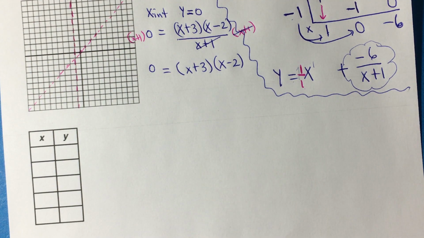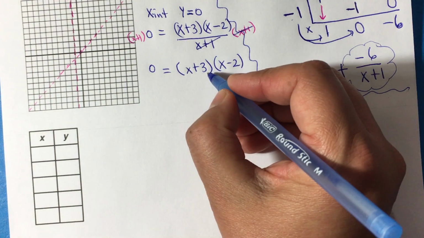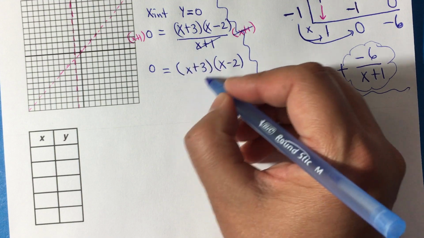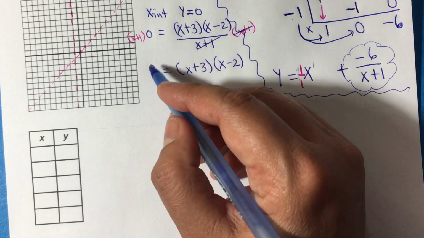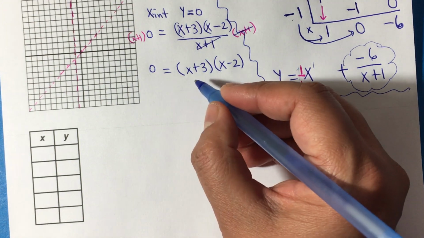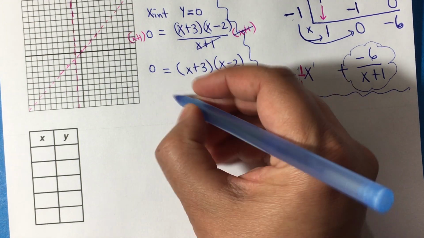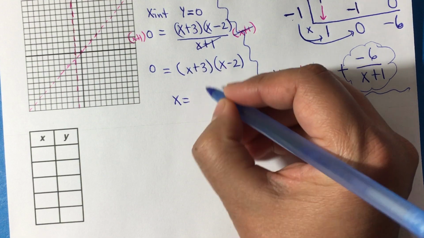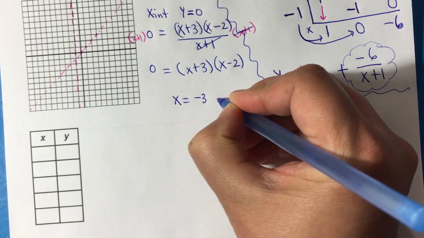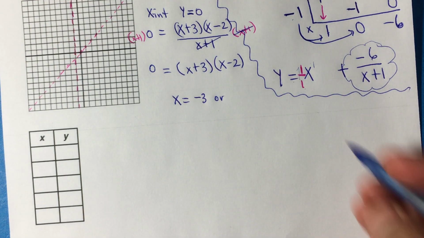Now, when we have it in this factor form, remember that what this means is that one of the factors has to be 0, because 0 times anything will be equal to 0. And what can make this 0? Well, x would have to be negative 3, because negative 3 plus 3 is 0, so negative 3 is one possibility.